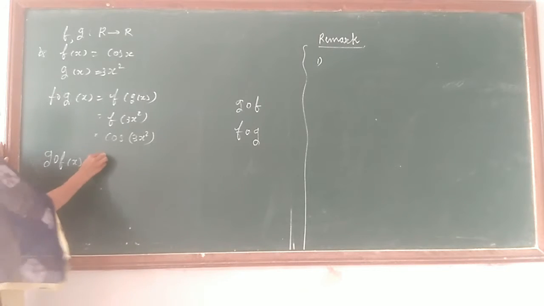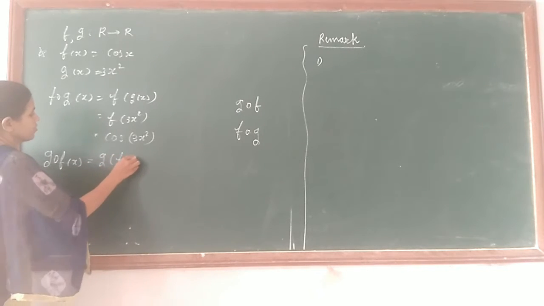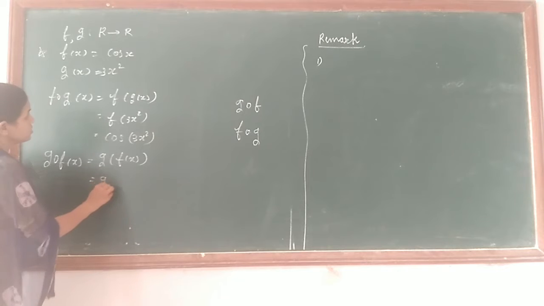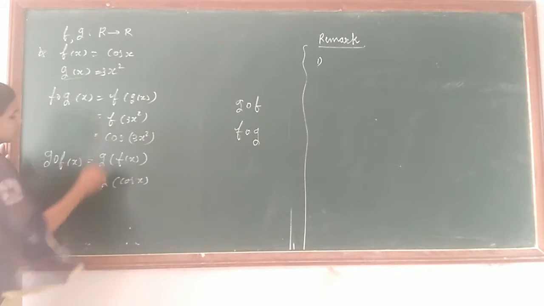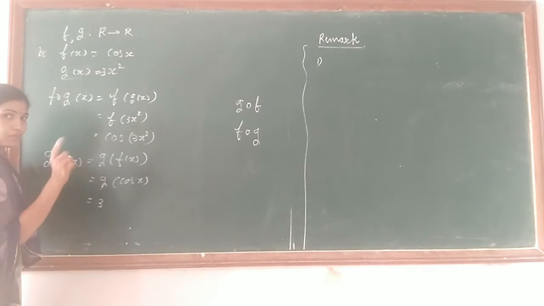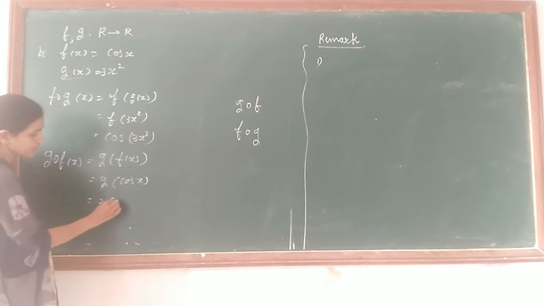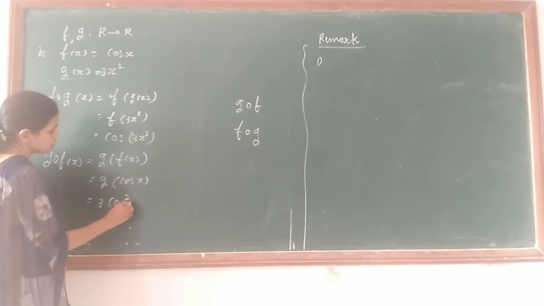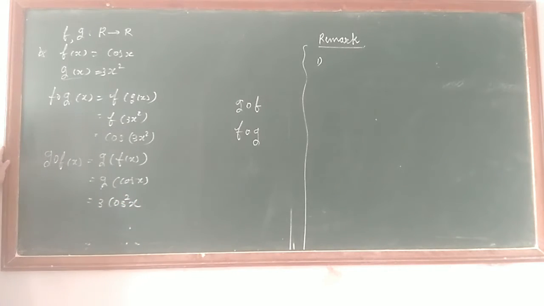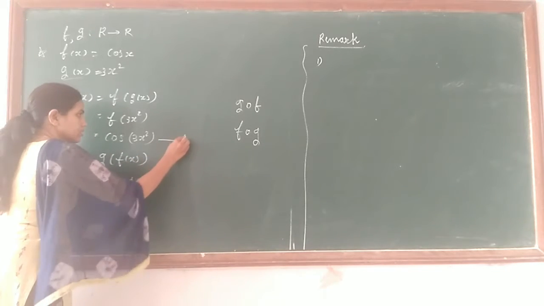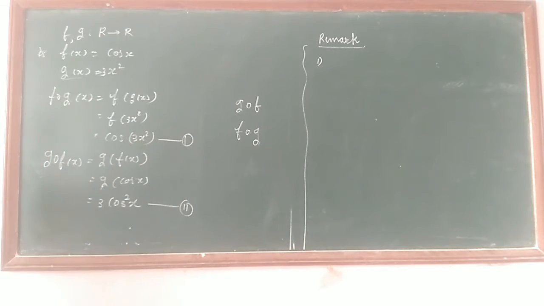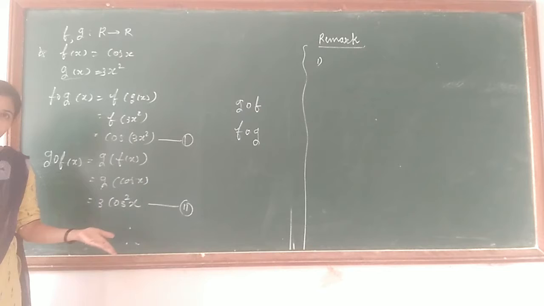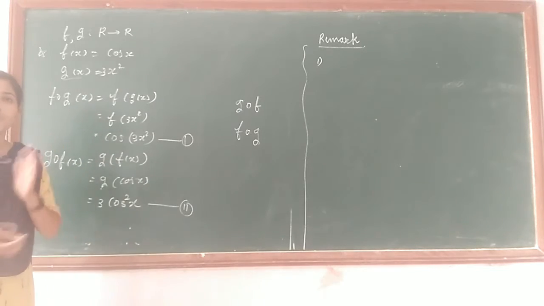So what will it be? g of f of x, that means g of cos x. Now what is g of x? 3x square. At the place of x we have cos x, so 3 cos square x. So students, you can see this one and this one. Here cos 3x square and it is 3 cos square x. So these can never be equal.